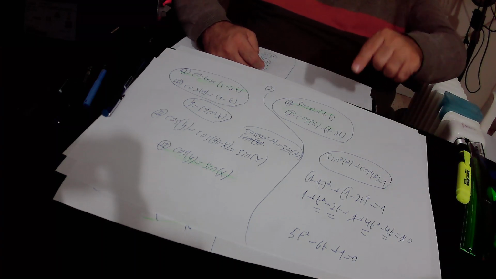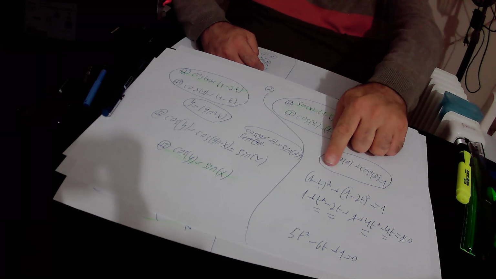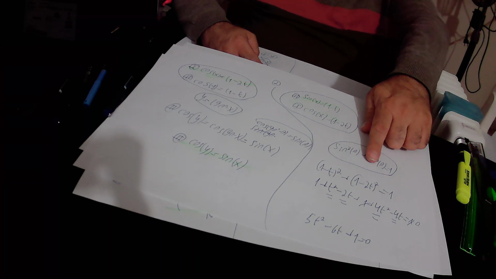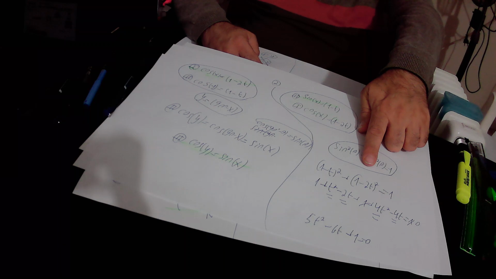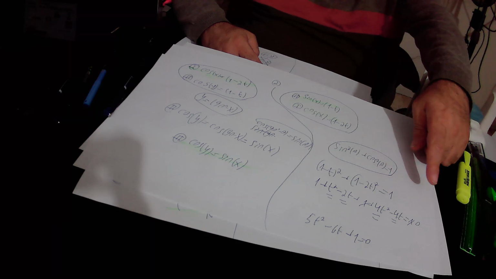Then we opened the brackets and found that (1 minus t) squared equals 1 squared, that is 1, plus t squared, minus 2t. Opening the brackets in the other expression, (1 minus 2t) squared equals 1 squared, that is 1, plus (2t) squared, that is 4t squared, minus 2 times 2t, that is minus 4t.